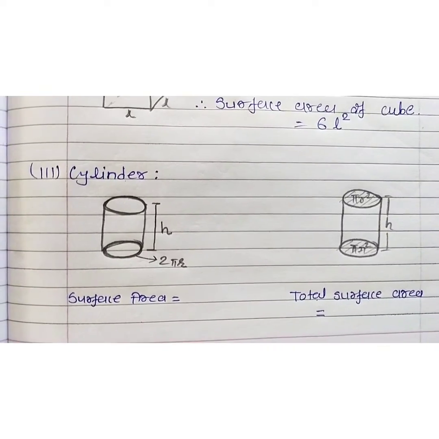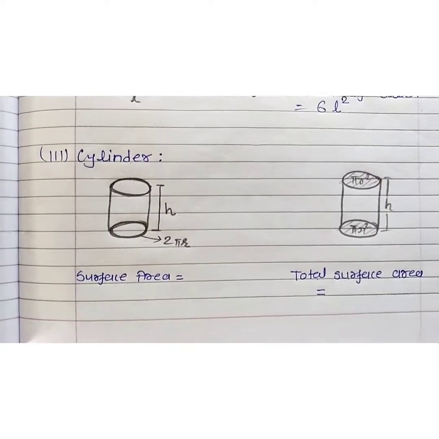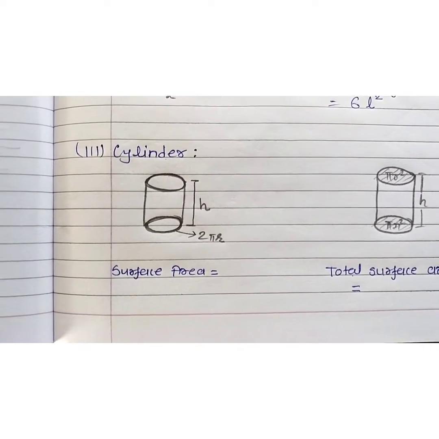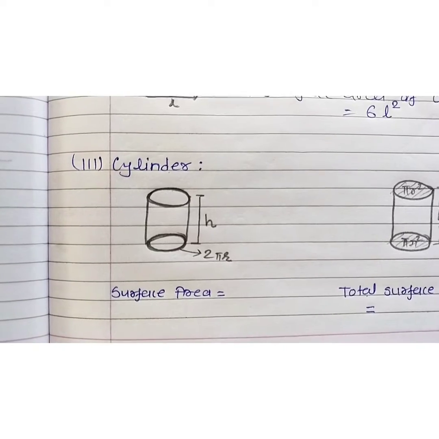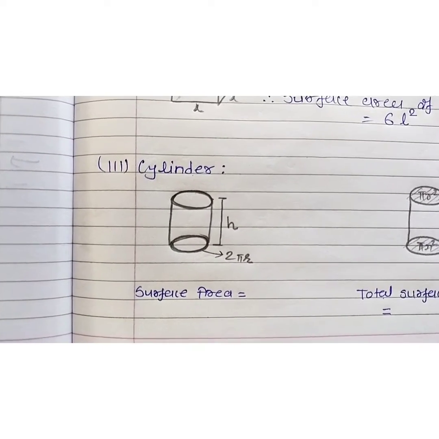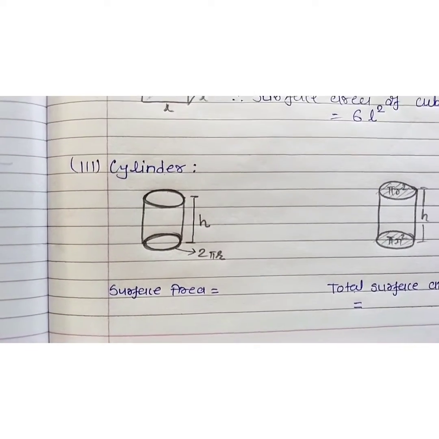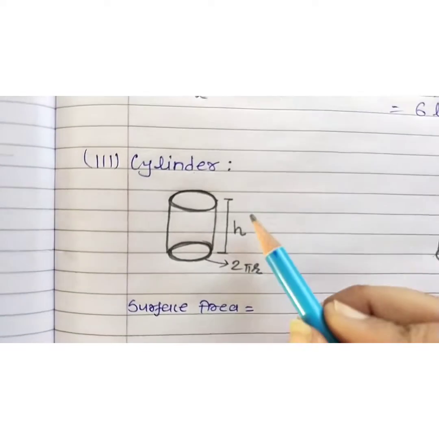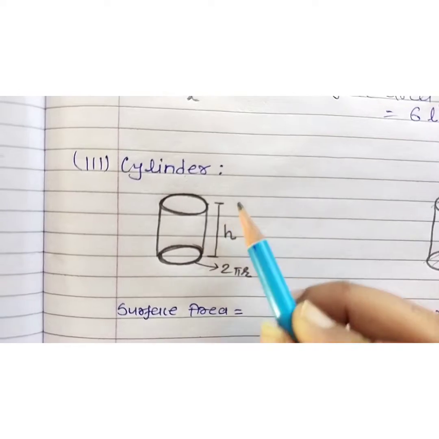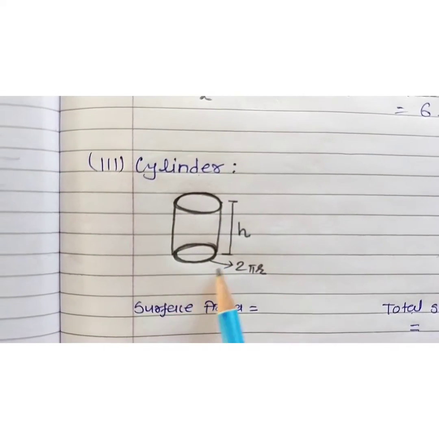Now the next shape is cylinder. Now, if we think about cylinder, right? A hollow cylinder, not the solid one. A hollow cylinder, or you can consider a pipe. Okay, like a pipe. So, it has a height, right? And two circular ends.